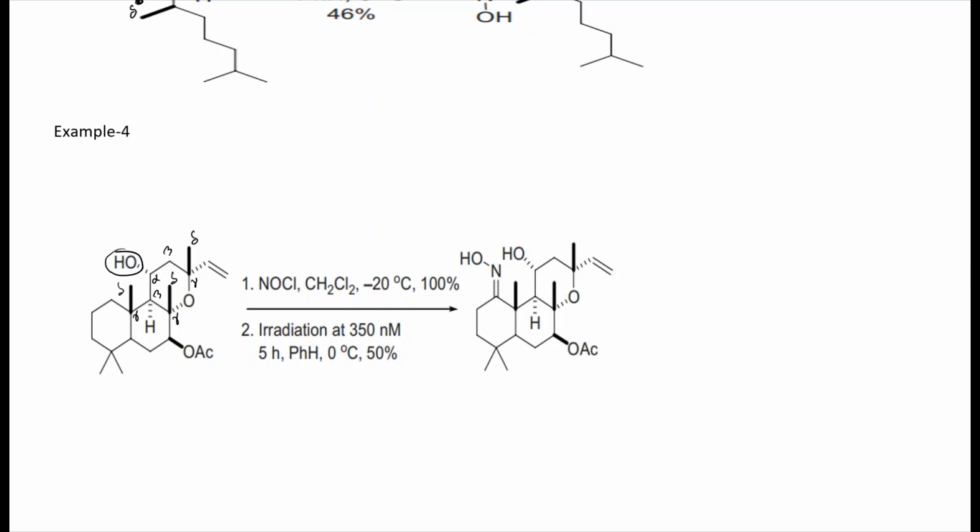So in this case, which will be the product? Here these 3 delta hydrogen atoms are above the plane, and this hydroxyl group is below the plane. So in this case, this is not possible. So another delta hydrogen atom will be here. This is below the plane. This is also a delta carbon. So with this hydrogen, this product will be formed, and the oxime group will come on this carbon.